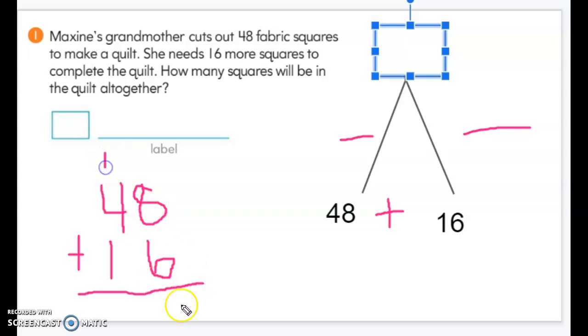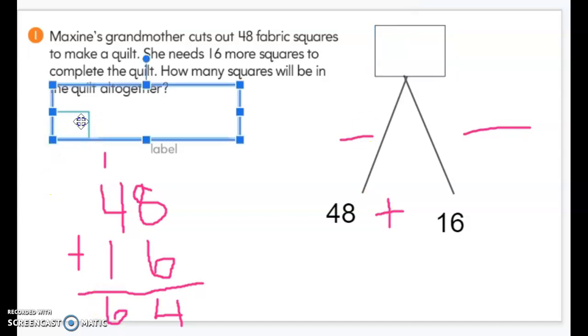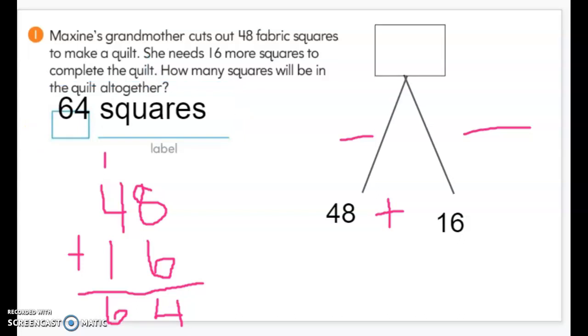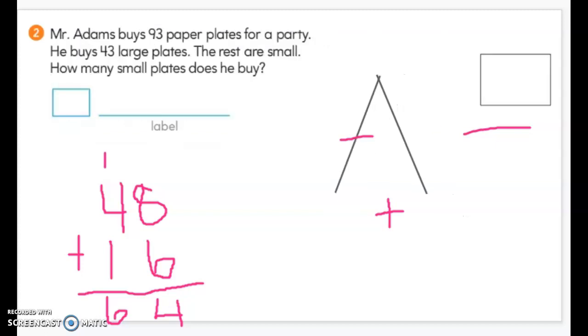I made a new 10, carry my 1, drop my 4, 4, 5, 6, and I get 64. So my answer is 64. How many squares will be in the quilt altogether? 64 squares. All right. So as you're solving these problems, you're going to create a math mountain to see what you need to do to solve.